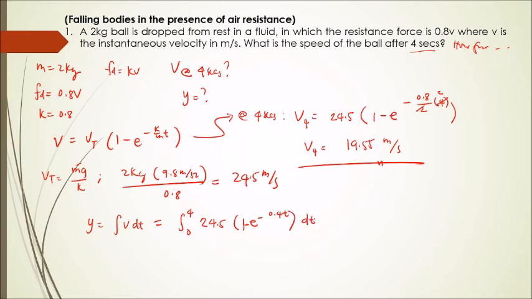So simply, we substitute t after integrating from 0 to 4. And then you will come up with a y which is equal to 49.12, or approximately 49 meters. So actually the answer is just rounding with what we derived from the equations. Okay?